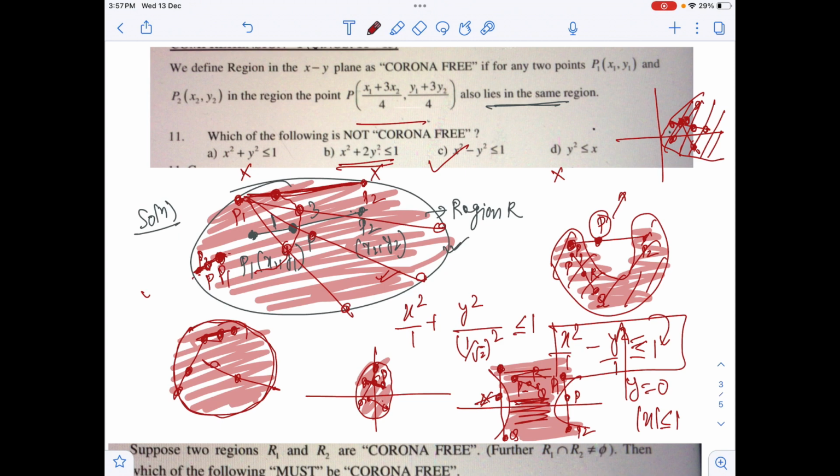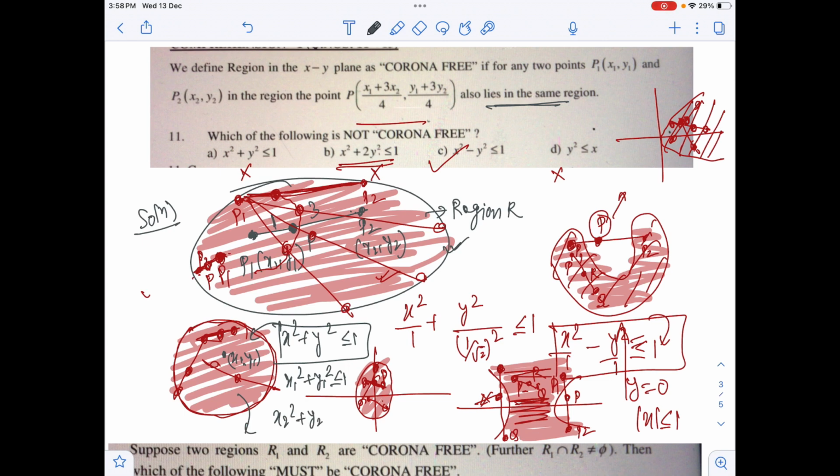Okay. If some of you feel like solving this problem in a pure coordinate style, still it can be done. So x square plus y square is less than equal to 1 depicts this region. You pick up any point x1, y1. Since it belongs to this region, x1 square plus y1 square will be less than equal to 1, right?